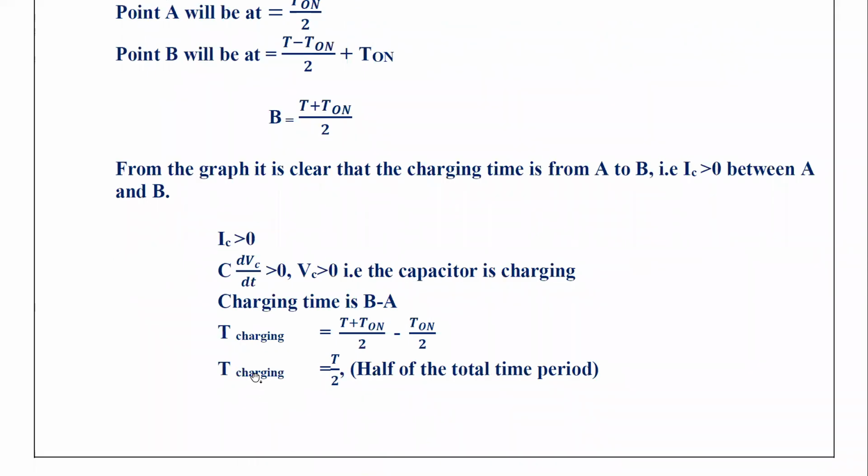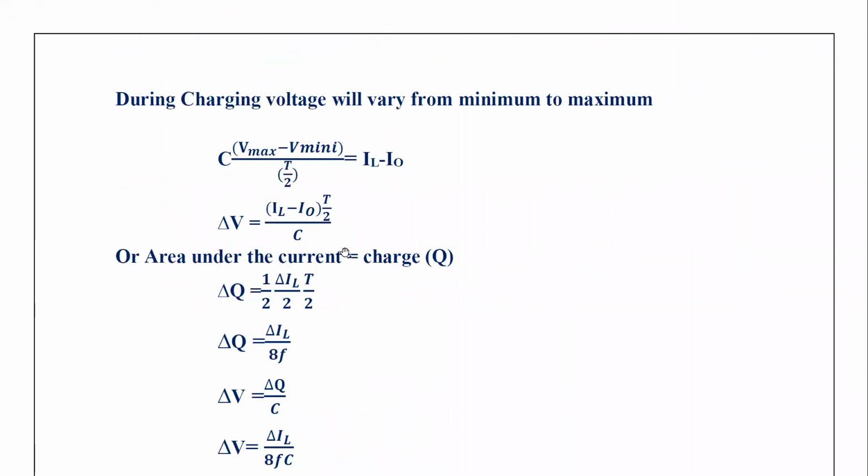The charging time is equal to T plus T on by 2 minus T on by 2, which is half of the total time period. During charging, the voltage varies from minimum to maximum.